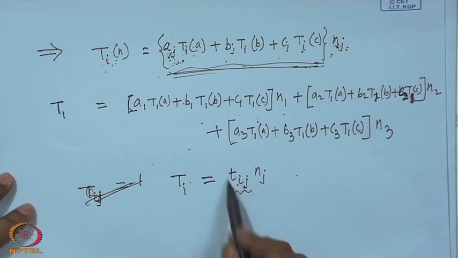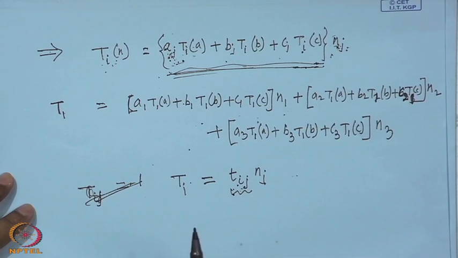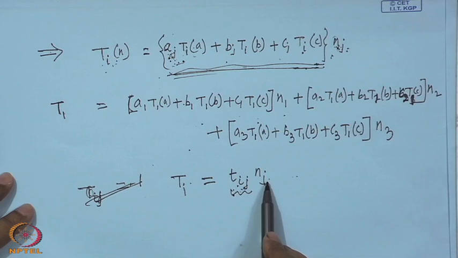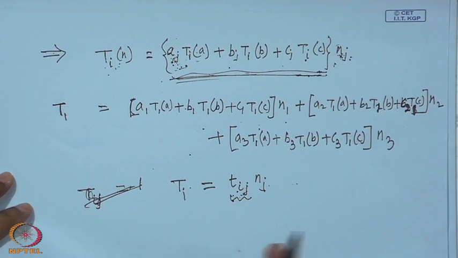And again remember that the right hand side, which is now written as a product of 2 quantities, one second order tensor and one first order tensor, is summed over the index j, the index that represents the plane.